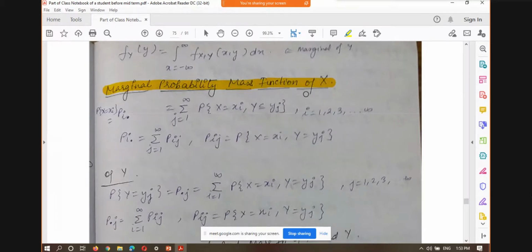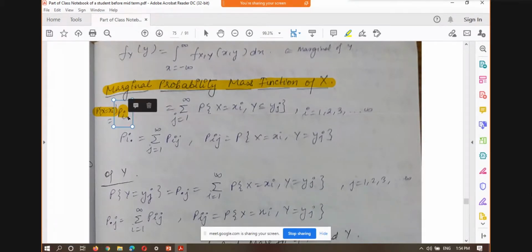Actually, I already discussed this through the PPT. The marginal probability mass function of X is defined by this. I have to calculate the probability that X equals xi. This is the probability mass function for X, and I denote this in terms of the two random variables like Pij.